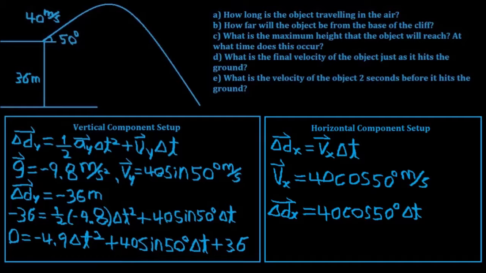So what do we already know about the vertical component? We know that gravity is a constant, negative 9.8 meters per second squared, and then we're given a velocity of 40 sin 50 degrees meters per second.